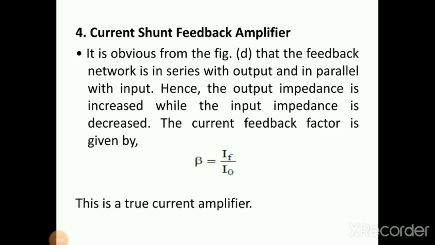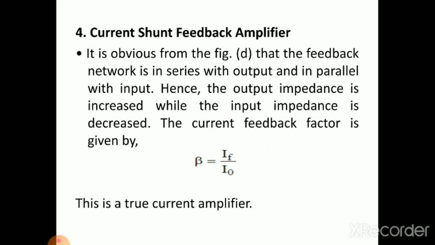Current shunt feedback amplifier. The fourth one is current sampling and shunt mixing. For current sampling, you should connect in series with the output resistance, so the output resistance will increase. For shunt mixing, you should connect it in parallel.